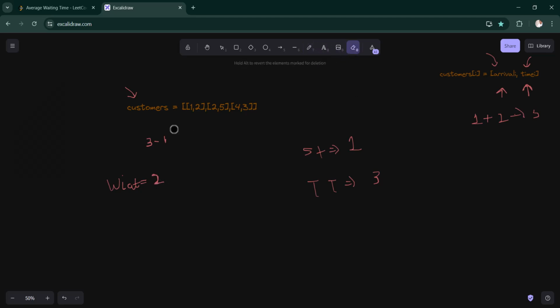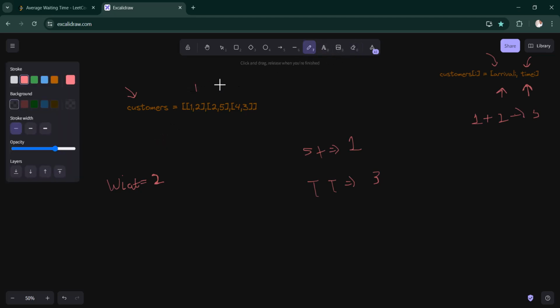Now the next customer arrives. The first customer arrived at 1 and it took until 3 units of time, so the chef was busy preparing the first order until 3.